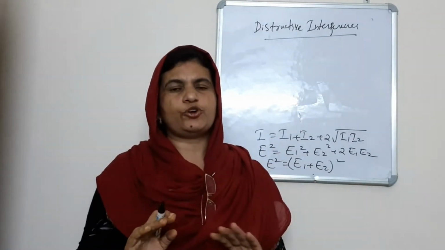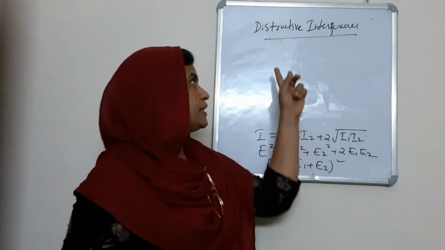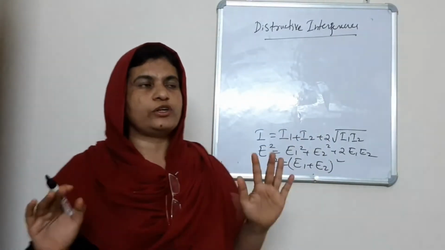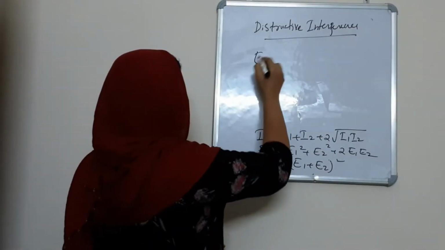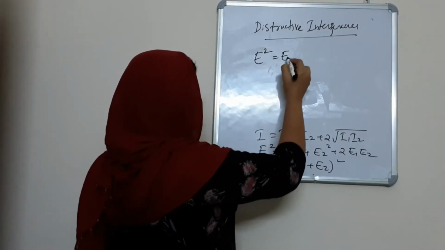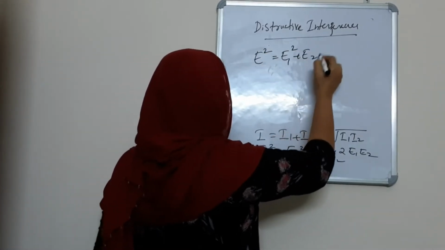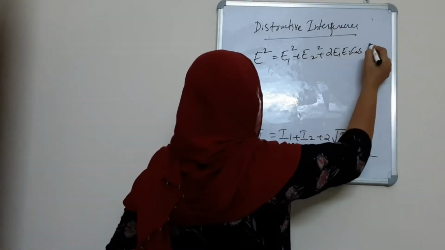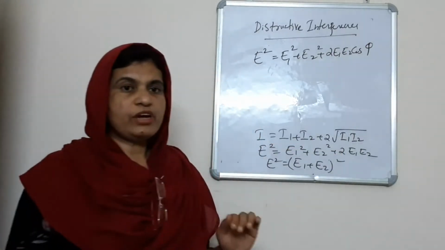What is the condition for destructive interference? For the equation E square, the amplitude square of the resultant wave, is equal to E1 square plus E2 square plus 2E1 E2 cos phi, we want the minimum value.